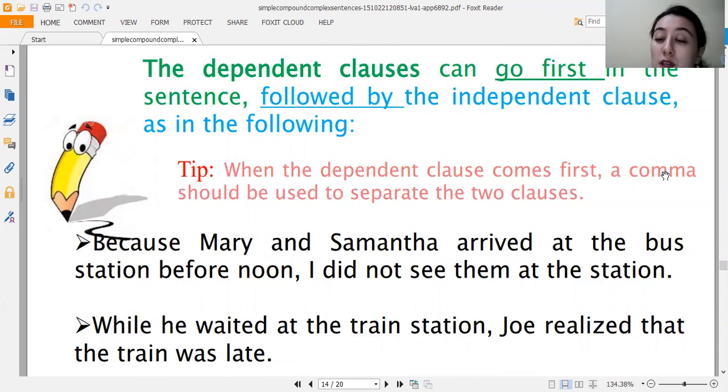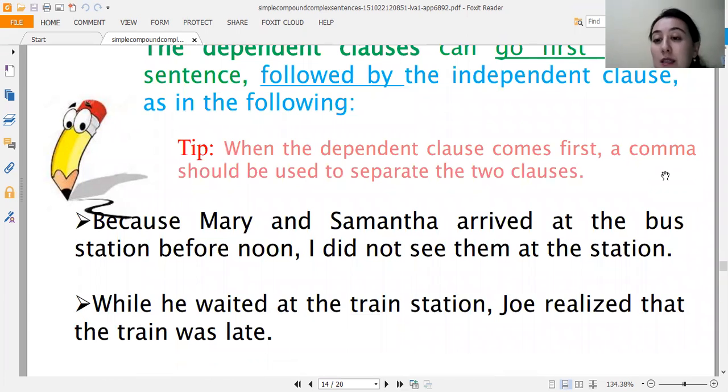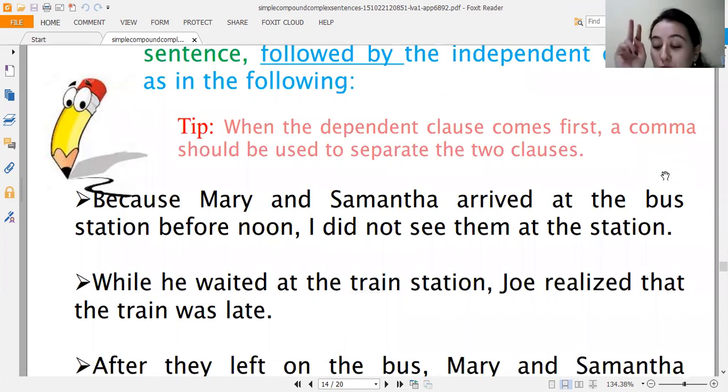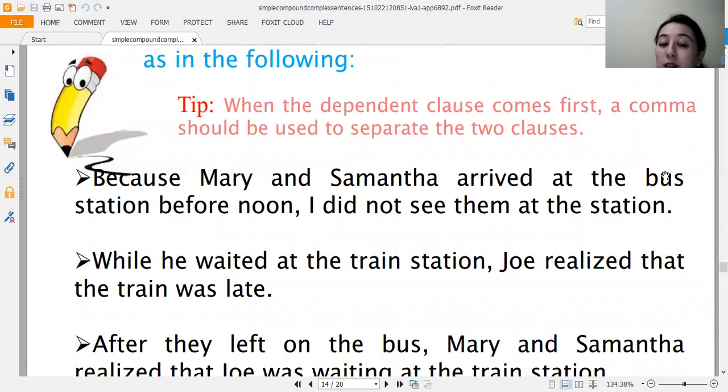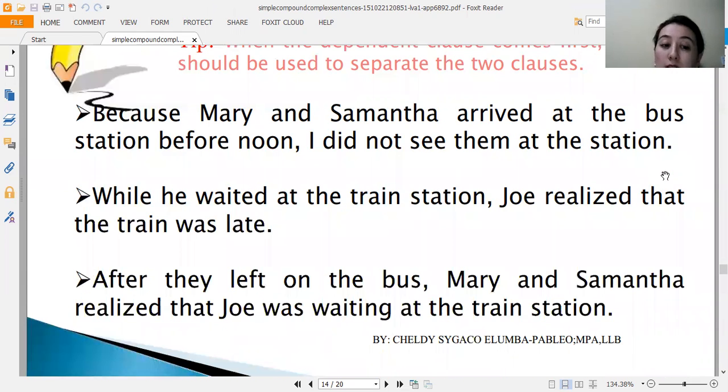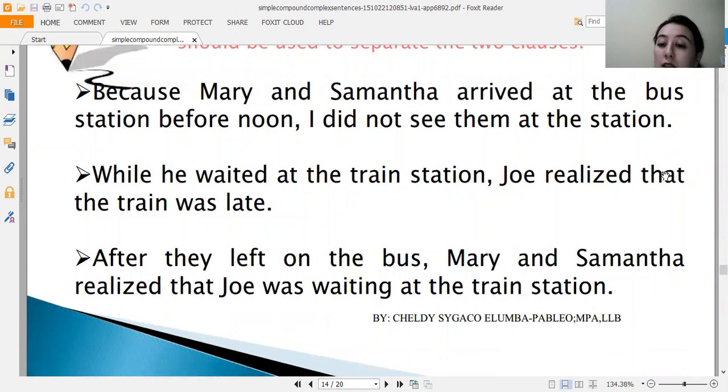While he waited at the train station, Joe realized that the train was late. While is at the beginning, that's why we have to put a comma here to separate the two clauses. Or: after they left on the bus, Mary and Samantha realized that Joe was waiting at the train station.